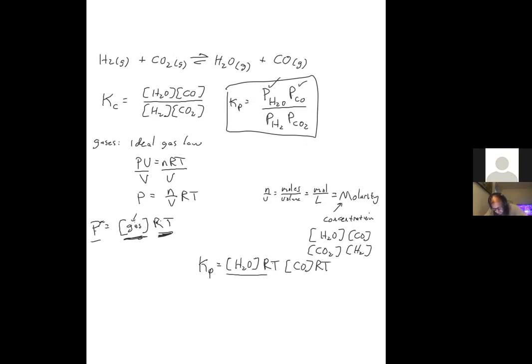Do the same thing down here. Pressure of H2 is the concentration of H2 times RT. Concentration of CO2 times RT. Now, what are R and T? R is the universal gas constant. T is temperature, in Kelvin.